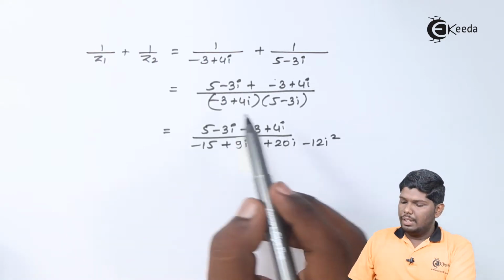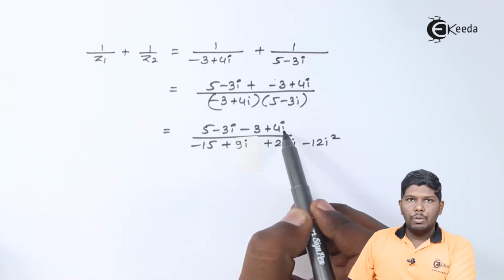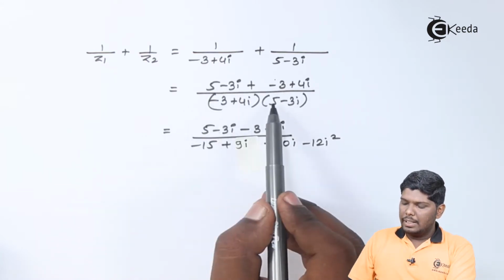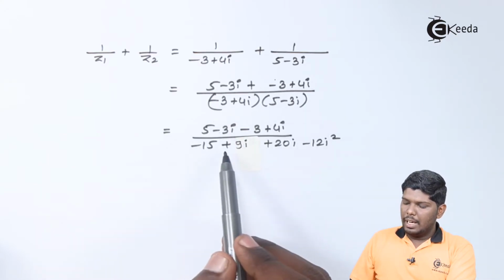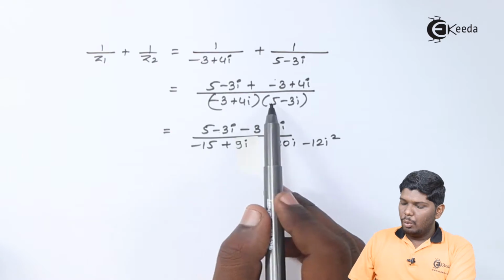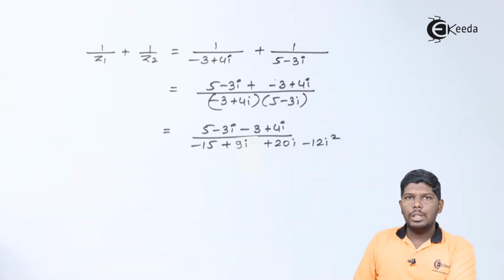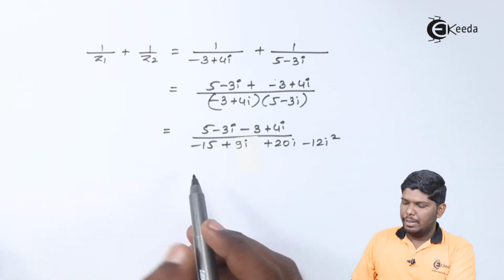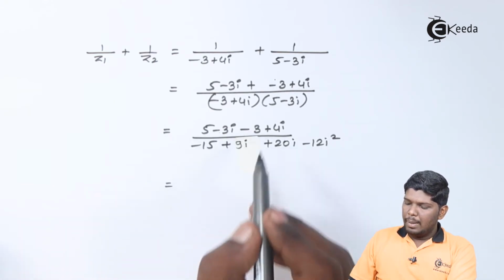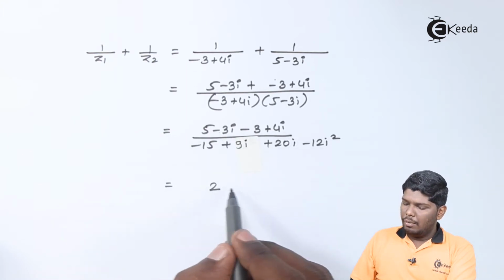On multiplication, this will give you 5 minus 3i minus 3 plus 4i divided by minus 3 into 5 will give you minus 15, minus 3 into minus 3i will give you plus 9i, 4i into 5 will be 20i, and 4i into minus 3i will give you minus 12i square. Now here you can put the value of i square as minus 1, and 5 minus 3 will give you 2, minus 3i plus 4i will give you plus i.